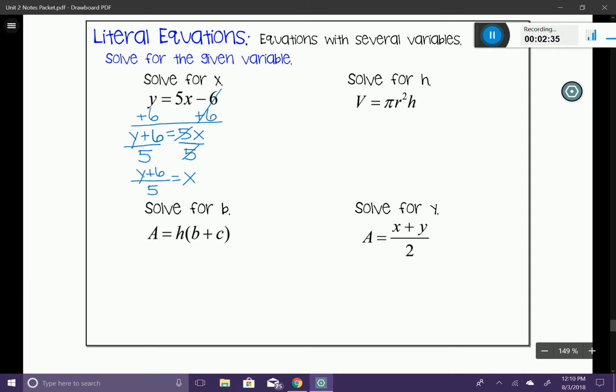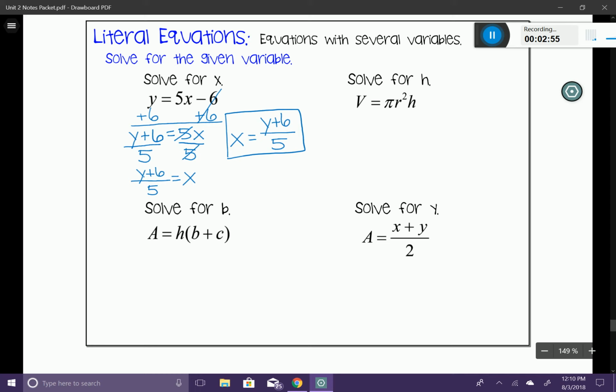And I've done it. I like to put the variable that I'm solving for on the left-hand side, so I'm going to flip it around. x is equal to y plus 6 divided by 5. And I'm done. I've solved my literal equation.